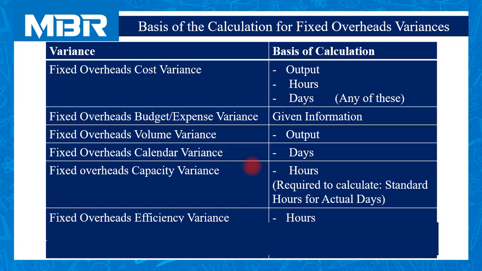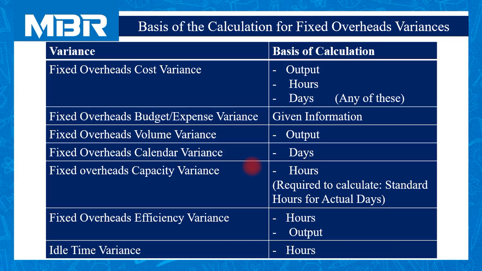Sixth, fixed overheads efficiency variance. For the calculation of fixed overheads efficiency variance, we have 2 different bases. Either we can calculate on the basis of hours, or we can calculate on the basis of production or output.